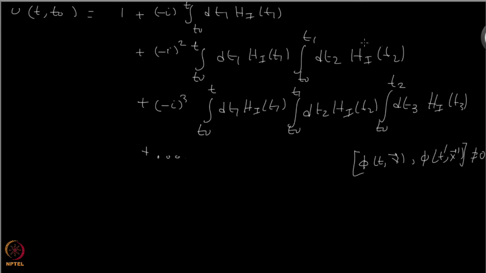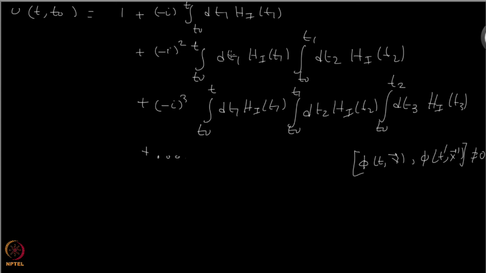For example, the time argument of Hi here is always smaller than the time argument of Hi there, because here the integration limit of t2 goes from t0 to t1. So the maximum value t2 takes is t1, and then you are doing the integral over t1.